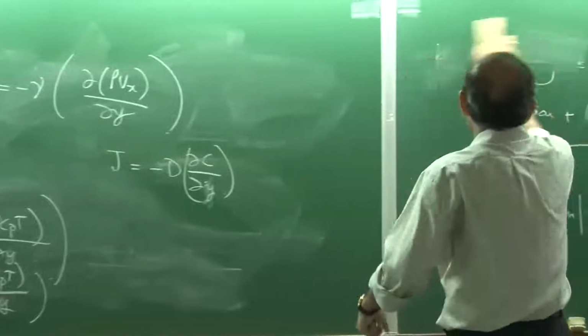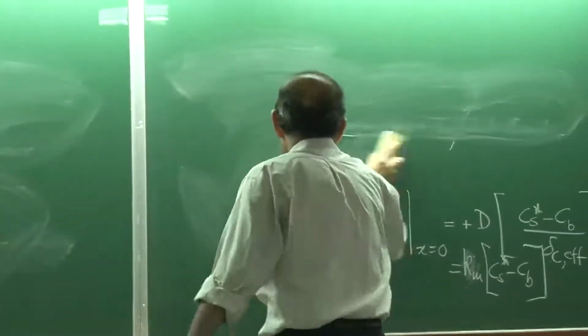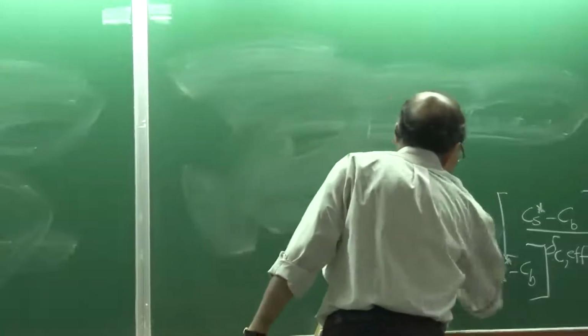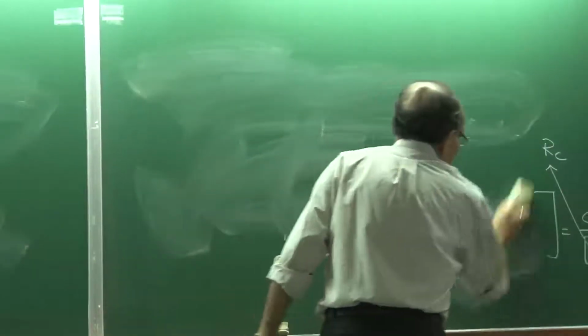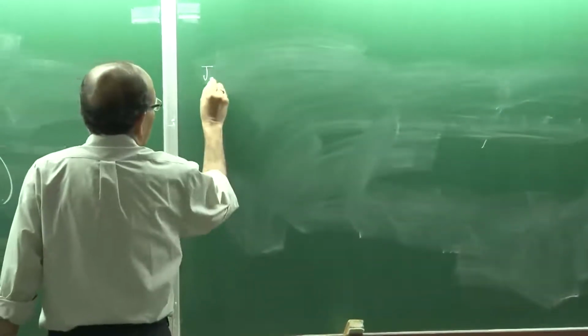So, for many situations this has been worked out, and I am not going into the details of it. Basically it is said that there is a J factor for heat transfer and mass transfer.